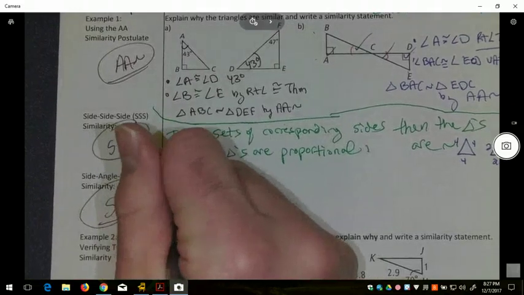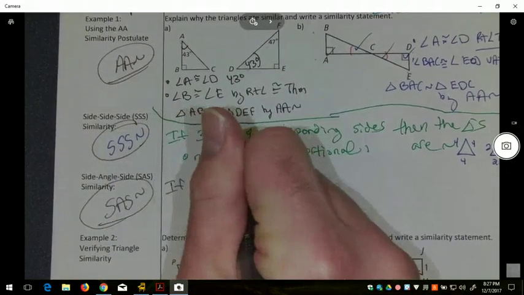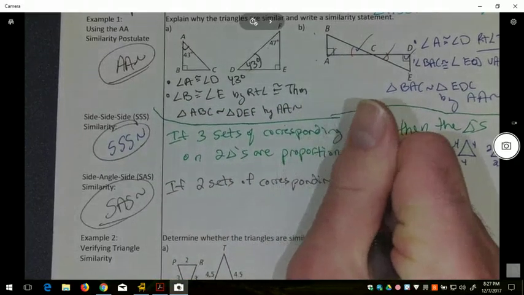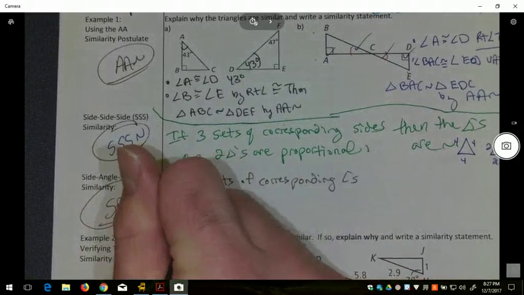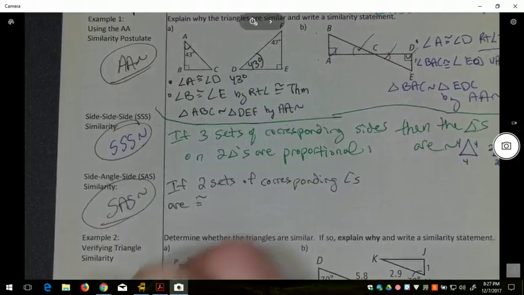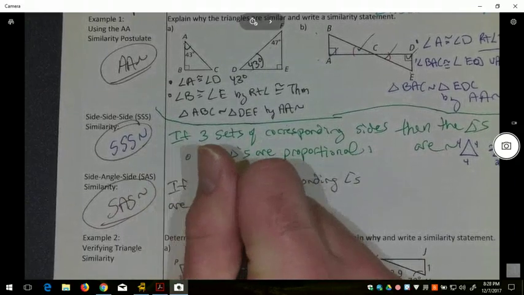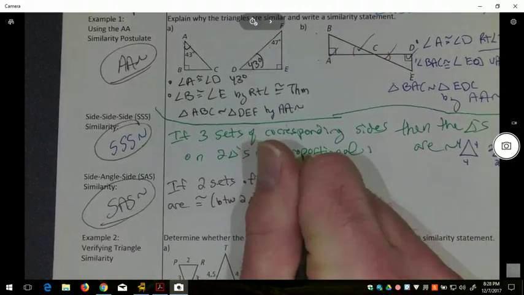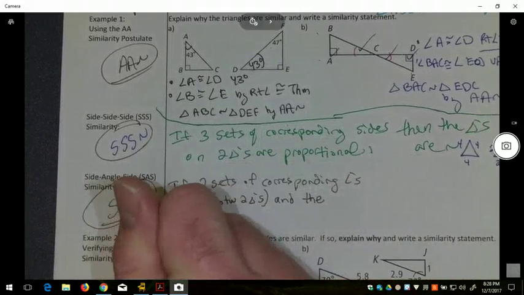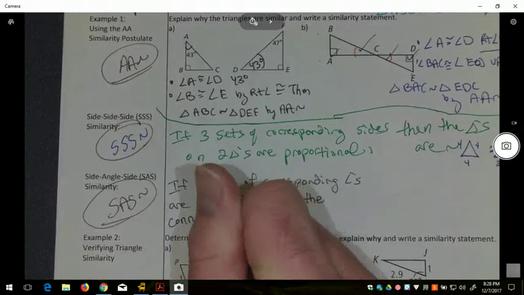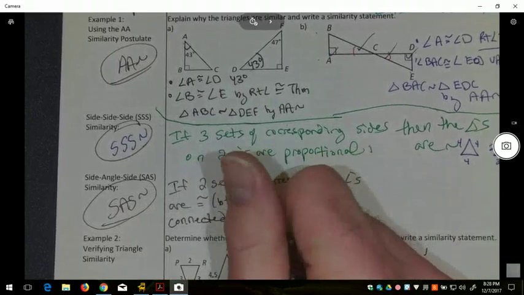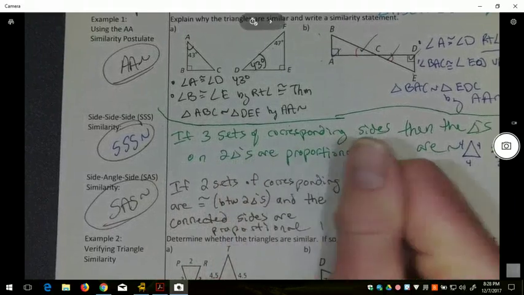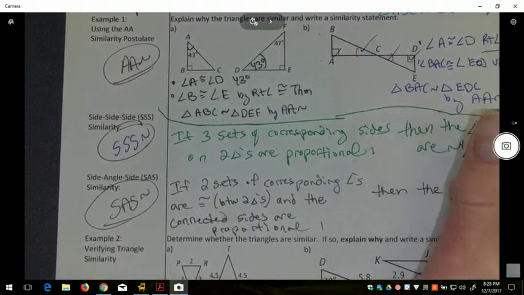So with this, it says if two sets of corresponding angles are congruent, and this again is between two triangles, if two sets of corresponding angles are congruent between two triangles and the connected sides to that angle are proportional, then the triangles are similar.